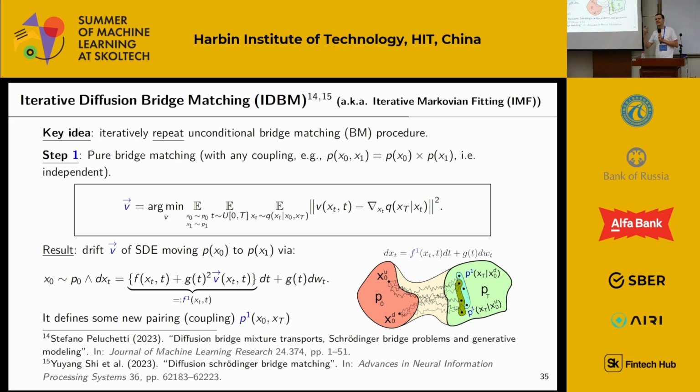Then, as a result of our model training, what do we obtain? We obtain a stochastic differential equation, which represents a forward Markovian projection. This stochastic differential equation allows us to take an input point and generate points in the second domain which correspond to this input point.